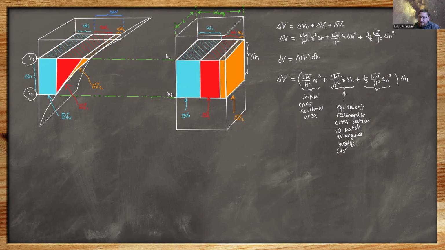Specifically in volume. So I'm matching volumes. And then this term over here is going to be the equivalent rectangular cross section necessary to match the quadratic wedge.